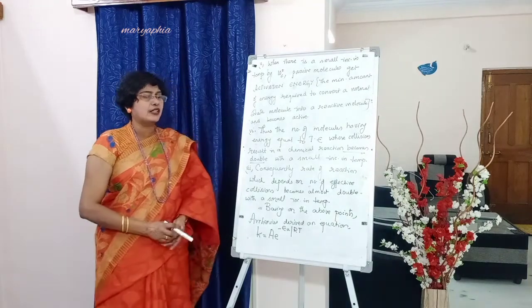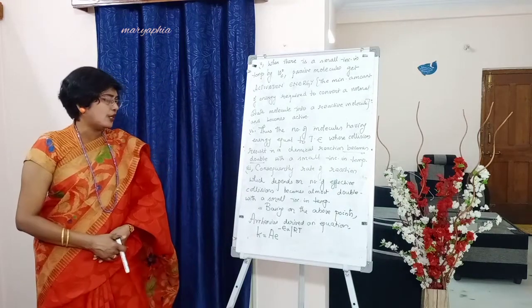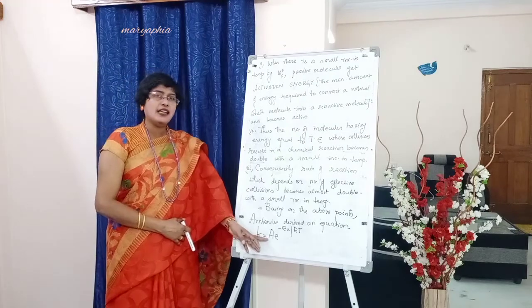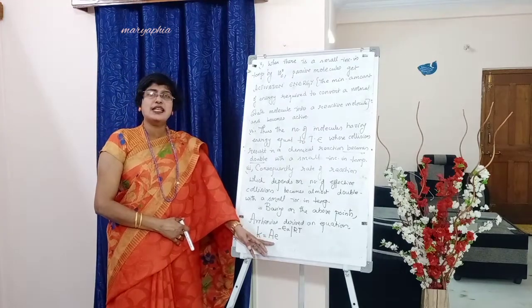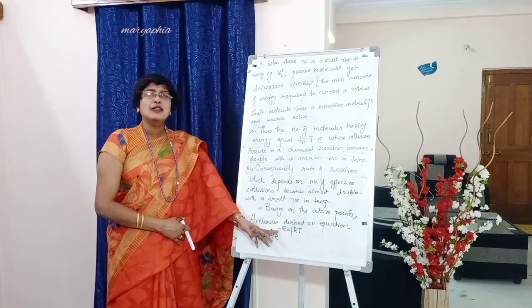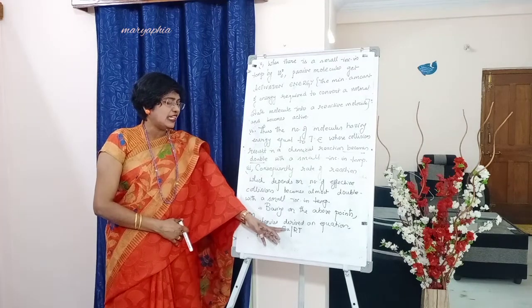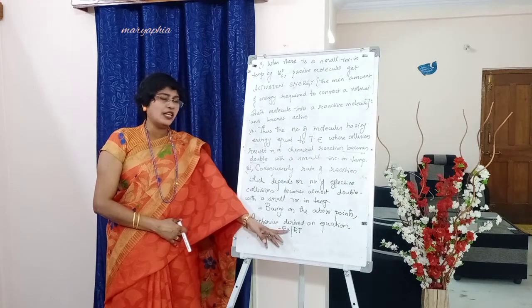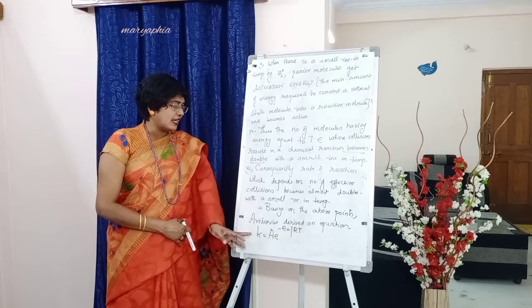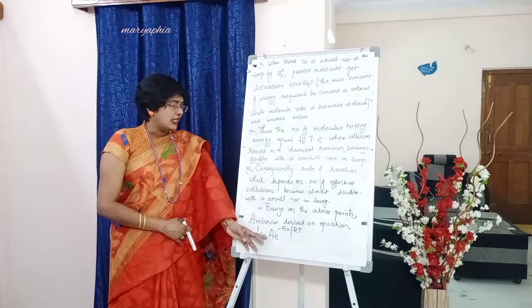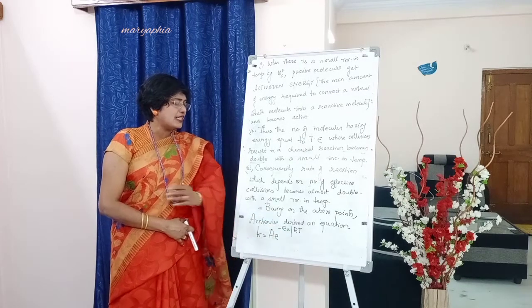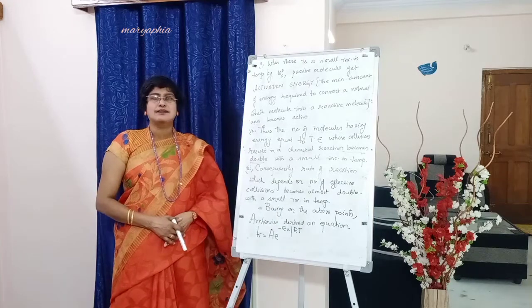K is equal to A e to the power minus Ea by RT.